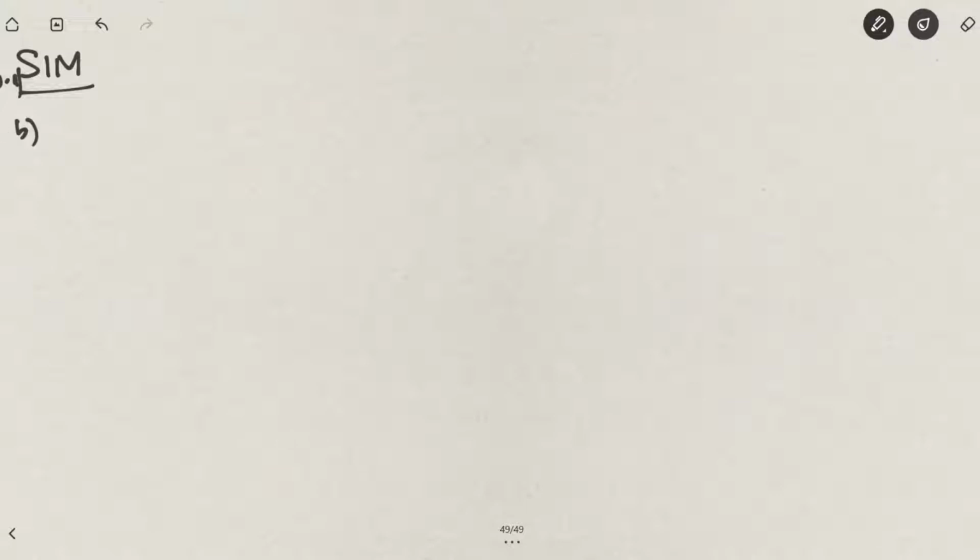Regarding SIM, it is actually set interrupt mask. It is used for masking and unmasking of these three interrupts, RST 7.5, 6.5 and 5.5, and also for serial output of data.